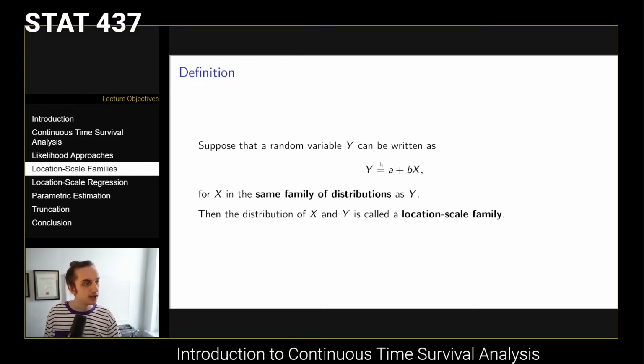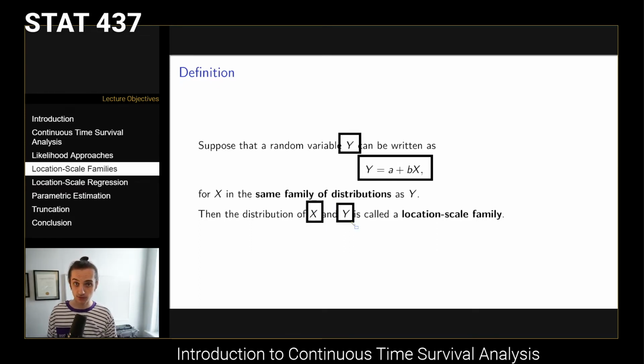If we have a random variable y, and you can write y in this form, y equals a plus bx, where x and y come from the same distribution, then we say that this distribution is a location scale family, okay? And so what are we saying here?